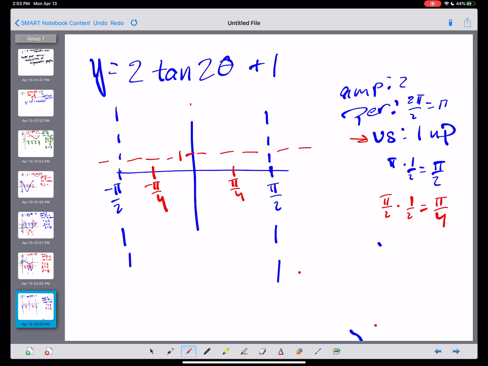And then my amplitude is 2, so I'm going to go 2 up, so it's at 3, and then 2 down, which is at -1. And then I just follow the pattern. Using my new highs and new lows, I'm just going to follow my pattern for tangent. That was horrible. God, this is not looking good.